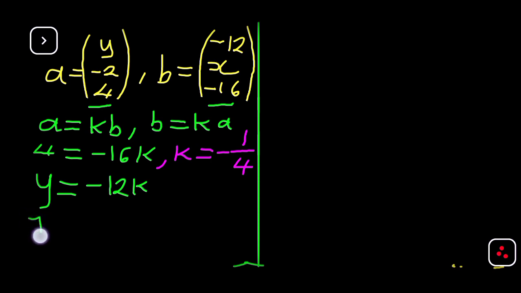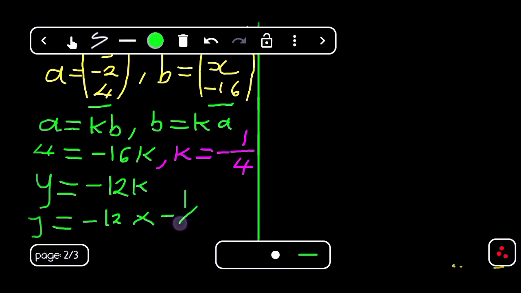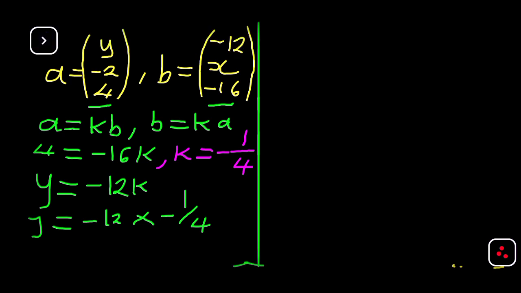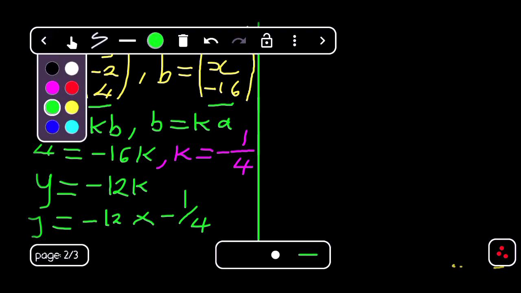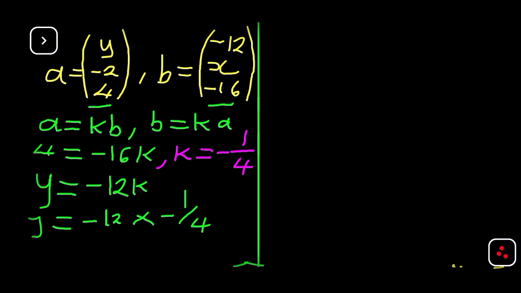That means that y should be equal to negative 12 times negative 1 over 4. Here, 12 is a multiple of 4, so 4 and 12 can cancel each other, so that we have negative 3 there and a negative 1 here.